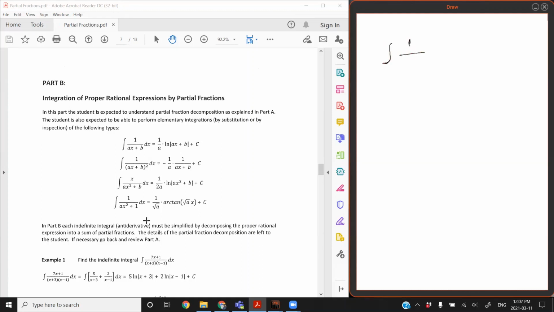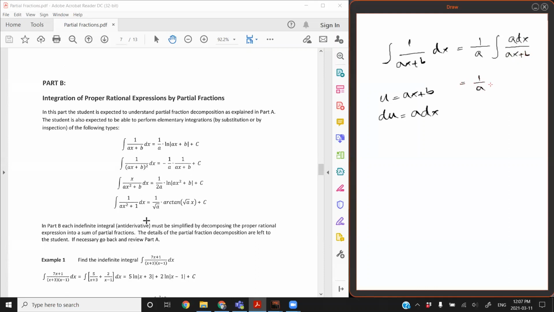So if you have 1 over ax plus b dx, and you want to find the antiderivative of that, you can take u to be ax plus b, then du is going to be a dx, because the derivative of ax plus b is a. Then you can multiply by 1 over a outside and by a inside.